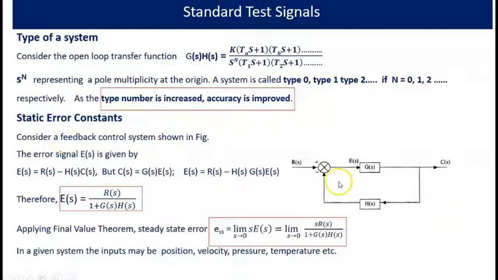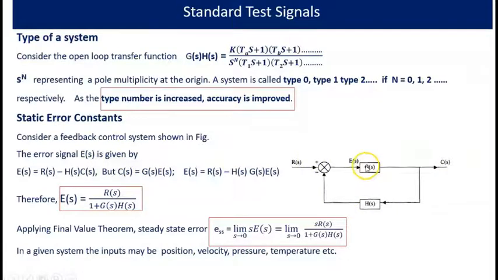Consider a feedback control system shown in this figure. The error signal E of s is given by R of s minus H of s C of s. E of s is equal to R of s minus this signal. This signal is C of s into H of s by the definition of transfer function.